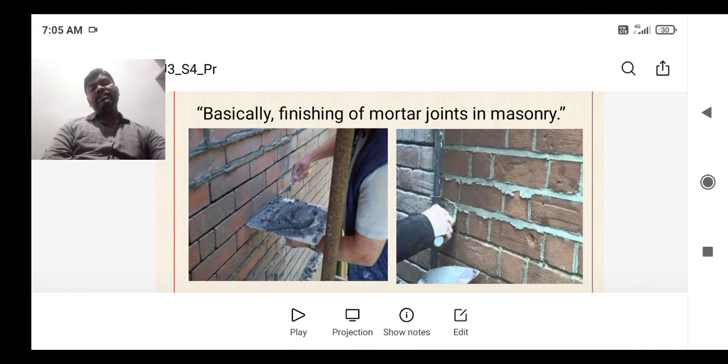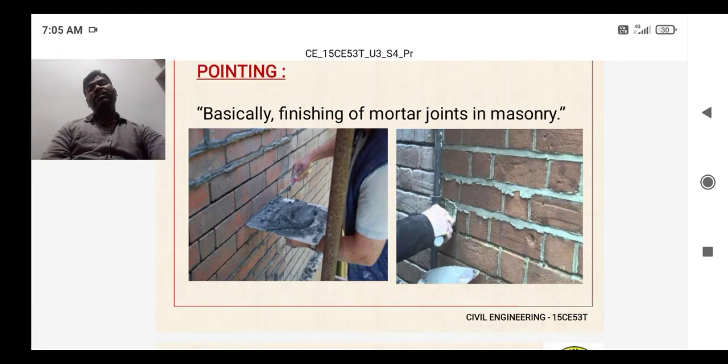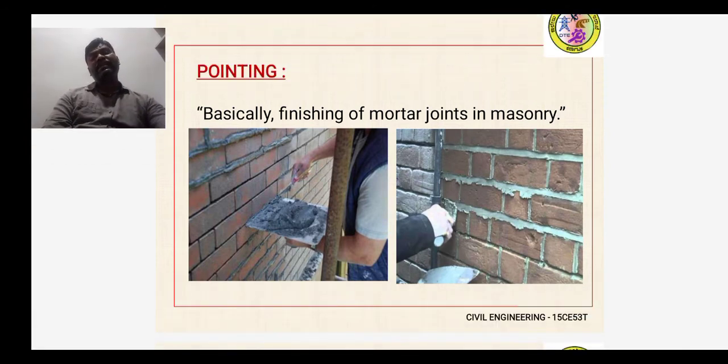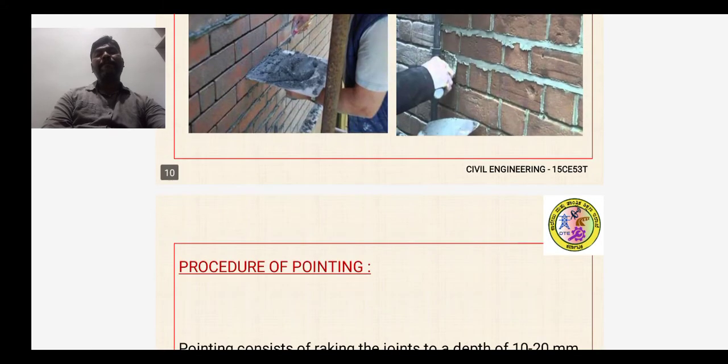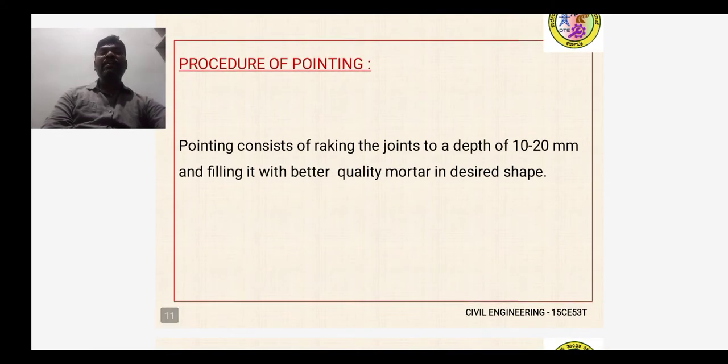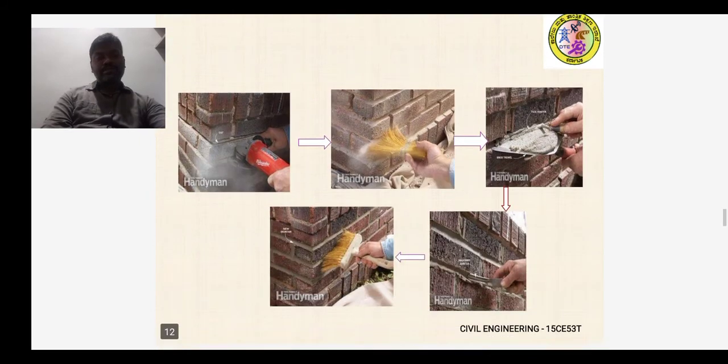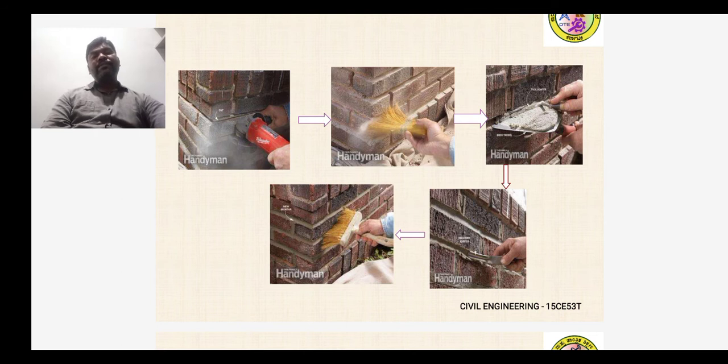Next one is pointing. Pointing is basically finishing of mortar joints in masonry. Procedure of pointing: pointing consists of raking the joints to a depth of 10 to 20 mm, raking the joints first, and then filling them with better quality mortar in the desired shape. Here we mention pictures of pointing.